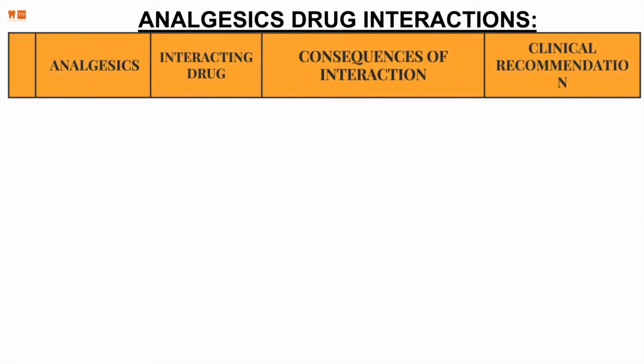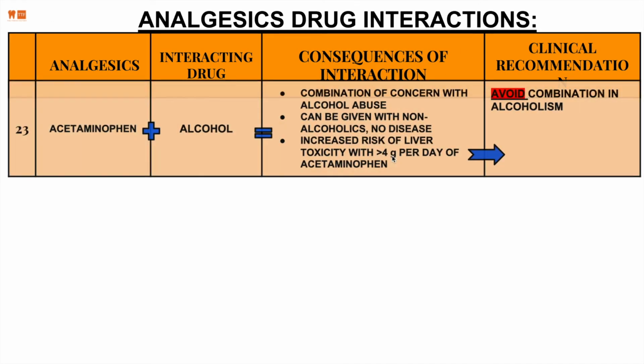So let's move on to analgesics, our next topic. Analgesics, so our title here has changed, but all the other categories are the same. Okay, drug number 23, remember we're going to 51. Acetaminophen mixed with alcohol can be a combination of concern, especially with alcohol abusers. So alcoholics, basically.